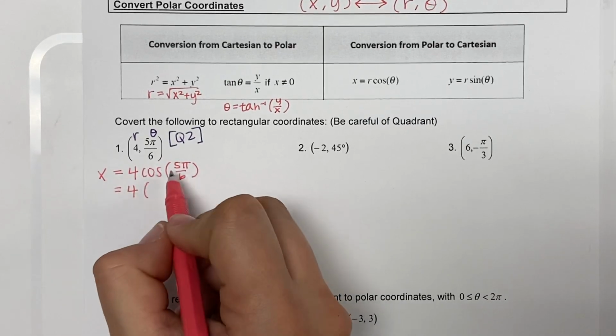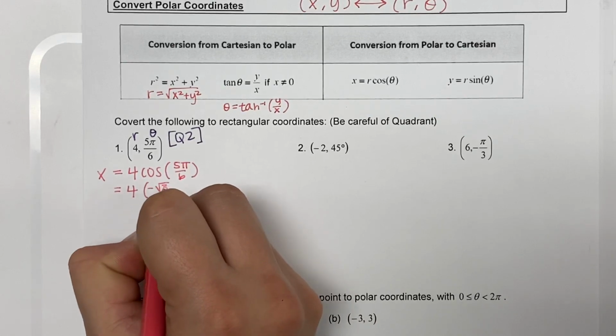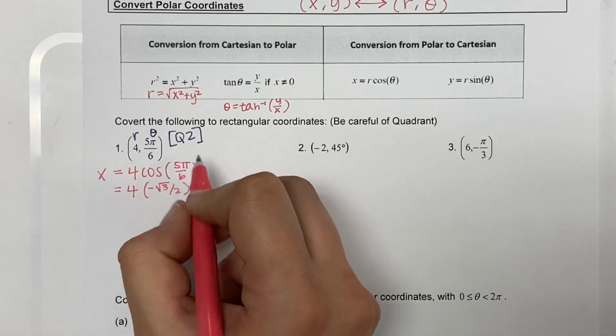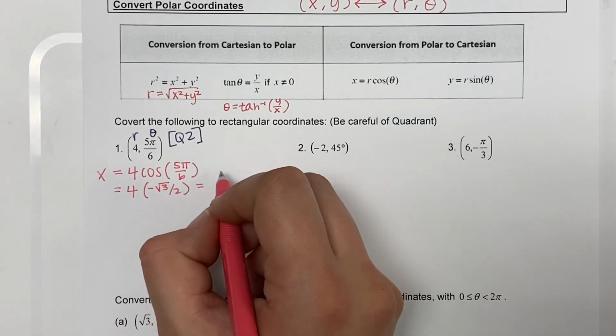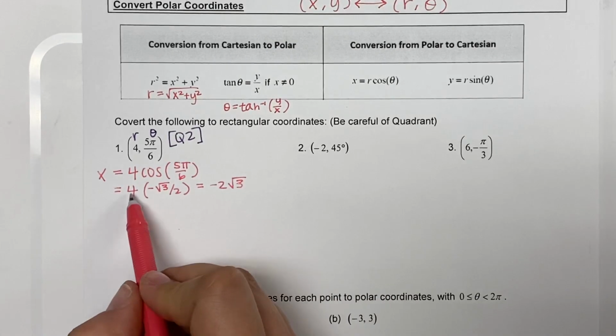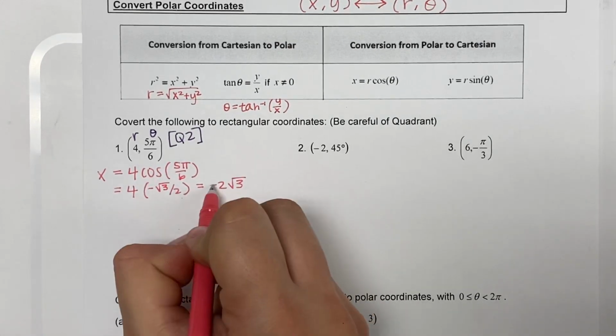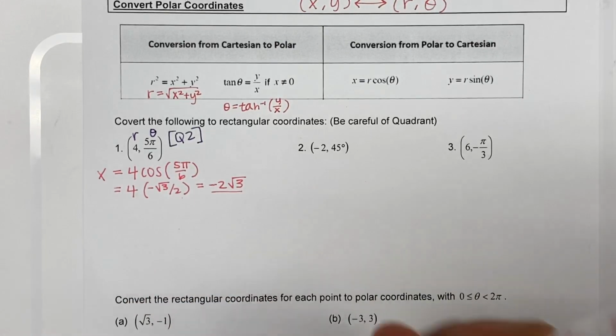So 4 times, that's negative root 3 over 2. And then we'll multiply that together and simplify. You should get negative 2 root 3 because 4 over 2 is 2 and it's negative. Okay, there's our x value.